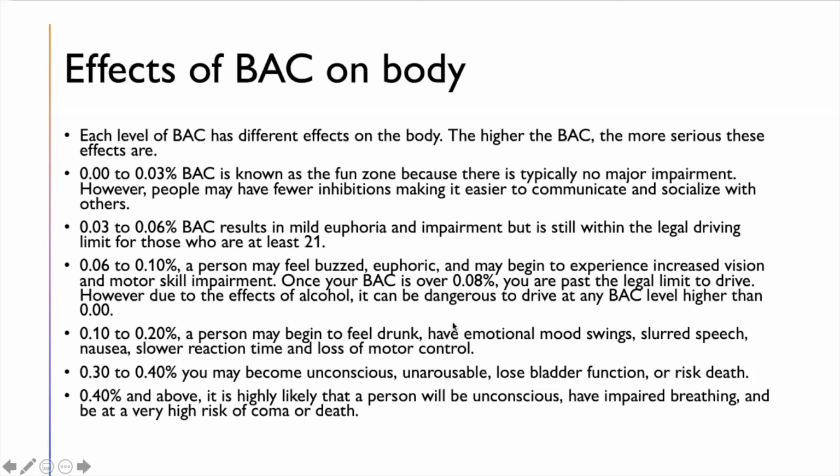However, due to the effect of alcohol, it can be dangerous to drive at any blood alcohol concentration level higher than 0. At 0.1 to 0.2%, a person may begin to feel drunk, have emotional mood swings, slurred speech, nausea, slower reaction time, and loss of motor control.